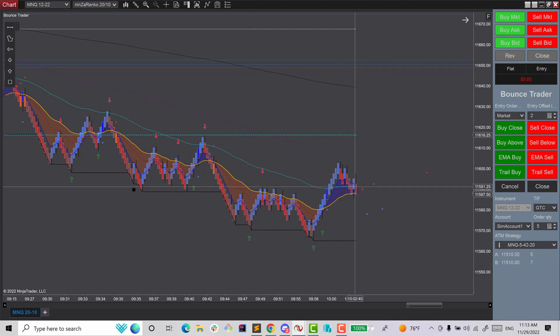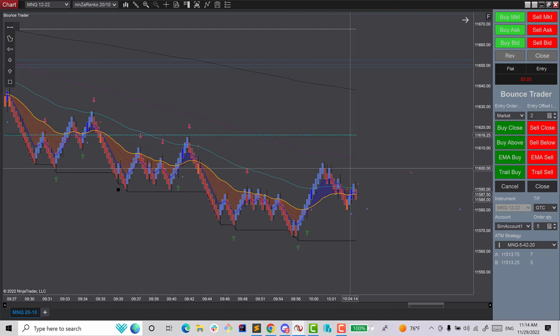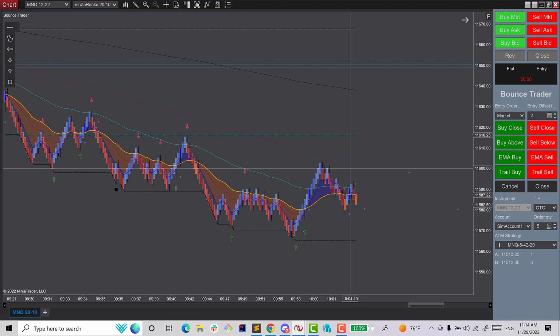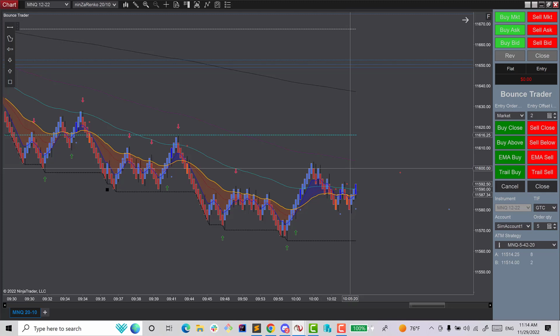I wouldn't take this trade because we have wicks and there was not enough room for TP, and these wicks are big, so I wouldn't take that one. Now we're kind of finding support here, price is just finding its way.